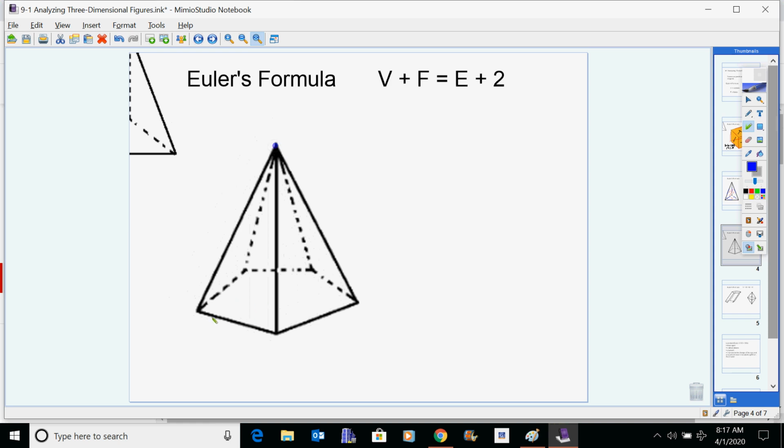I've got 1, 2, 3, 4, 5, 6 vertices. Faces are kind of harder to count. I don't want to count faces, at least to the end. I want to use my formula. Let's count the edges. And sometimes you can actually feel and touch the edges. So I've got 1, 2, 3, 4, 5, 6, 7, 8, 9, 10.